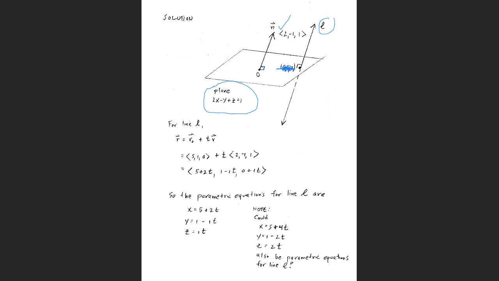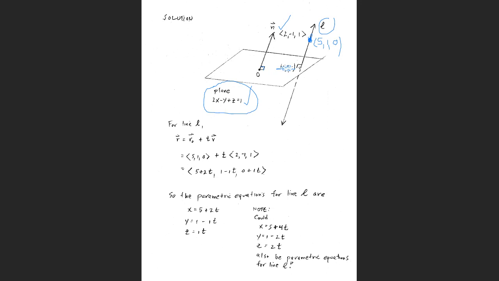If I substitute 5, 1, 0 in that equation, 2 times 5 minus 1 plus 0 is not equal to 1. So 5, 1, 0 is not on the plane. It's off the plane, like maybe here. So we won't have that there.